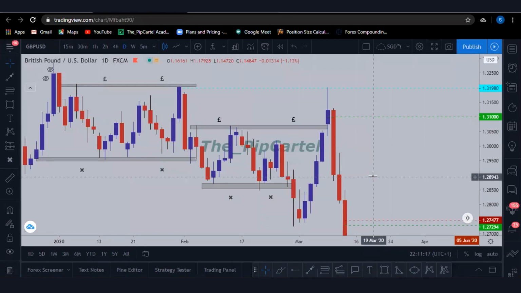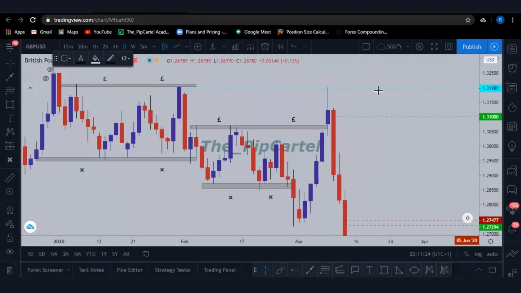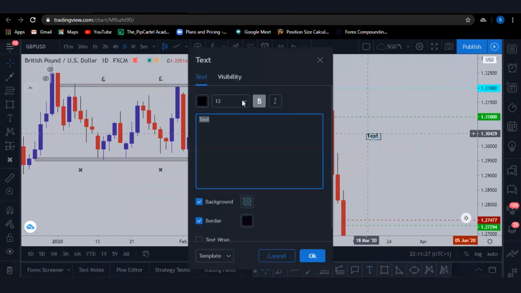The first thing you need to understand while trading institutionally is this. Number one is liquidity. Number two, impulse, and number three is what I call tail candles.